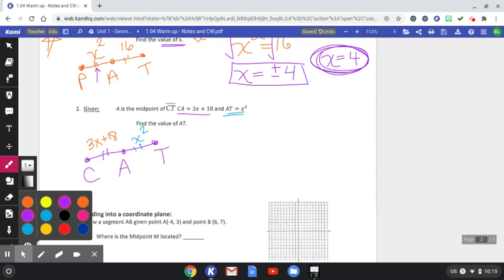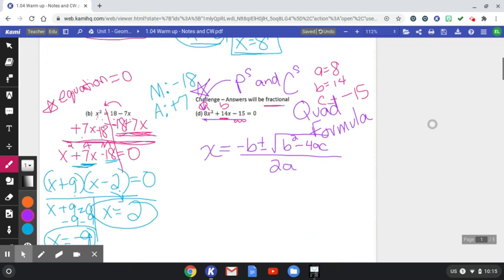Now, when I set up the equation, I love my x squared to always come first. It stays to my left. It's easier to factor this way. So I'm going to say that AT, the x squared, equals 3x plus 18. And this is similar to exercise 2 from the warm-up.